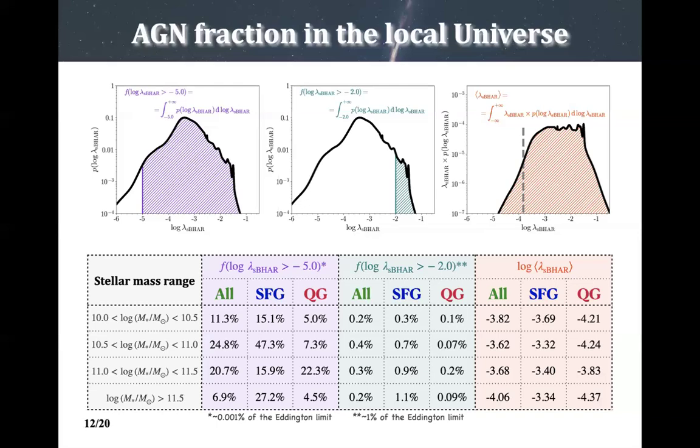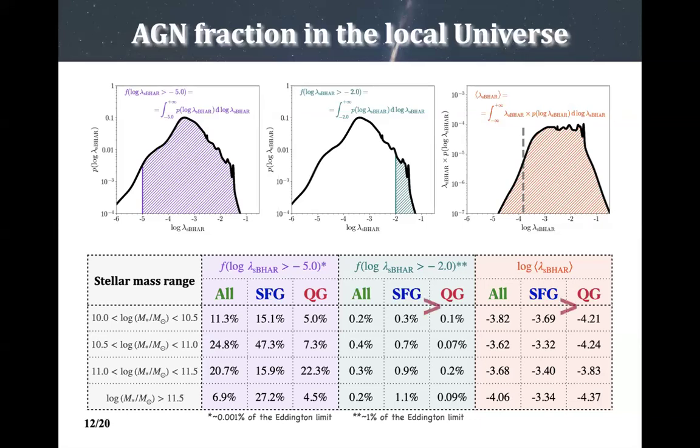Looking at the fraction of AGN in different masses, the fraction in the local universe is from 7% up to 47%, depending on stellar mass. If you calculate the fraction of bright AGN, accreting near 1% of the Eddington limit, the fraction is less than 1% of the total population. So we don't have that many.